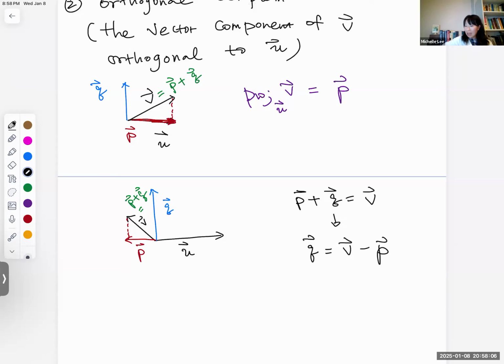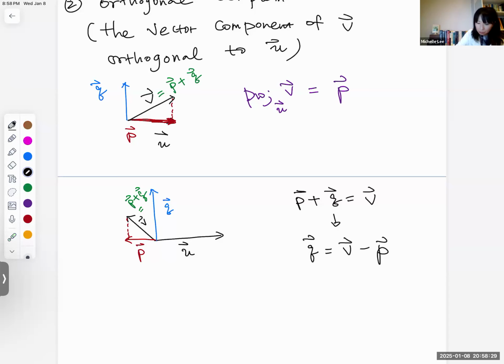Okay. Now what I am trying to talk about is orthogonal. So P and Q are orthogonal. We can see that, right? Q is here, P is here, orthogonal. And P is here, Q is here, orthogonal.